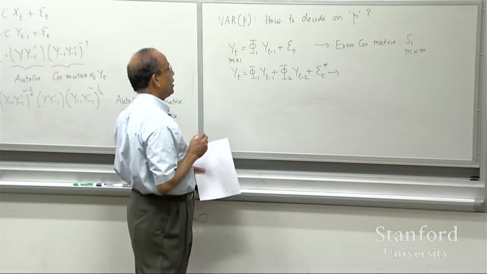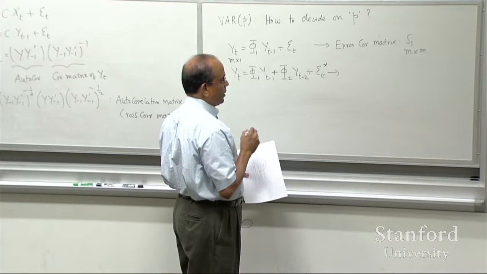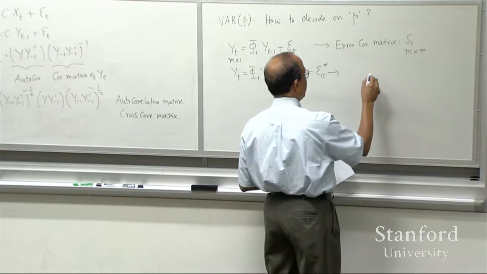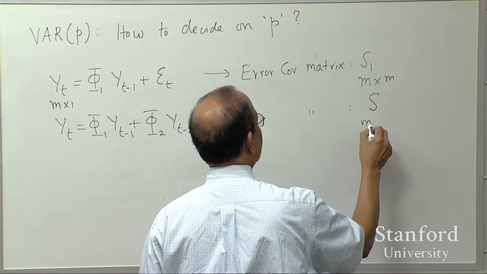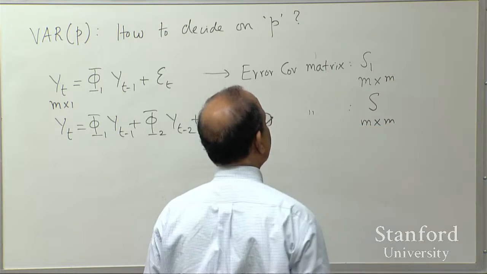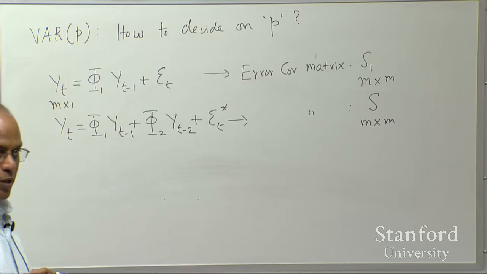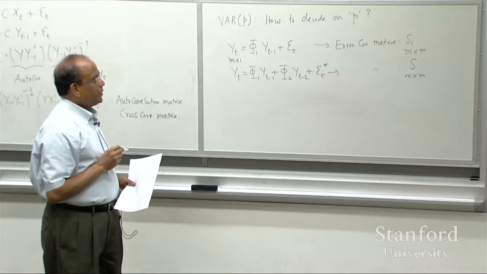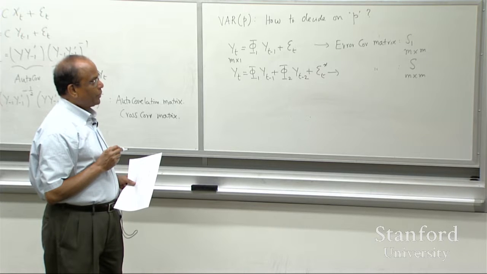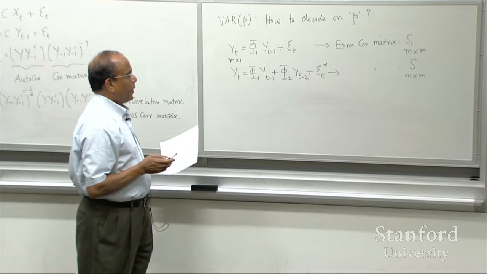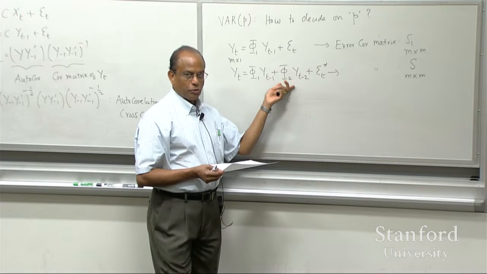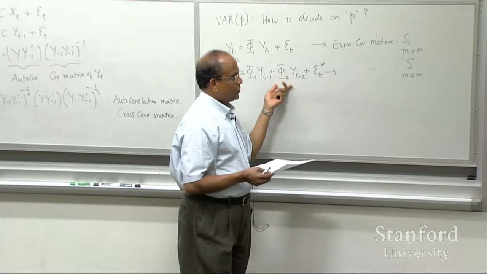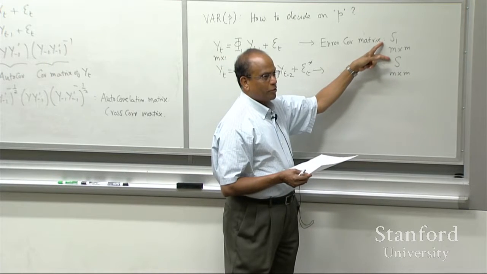Again, based on this, you can compute the error covariance matrix, which I'm going to call S. This is also of dimension m by m. The question I have for you is the following: if pi 2 is close to 0, what kind of numbers should you see? What is the difference between these two?